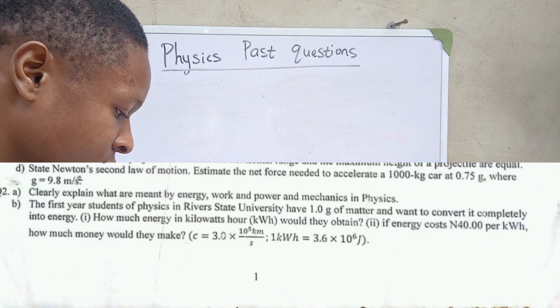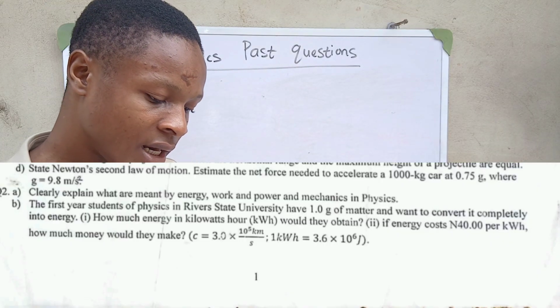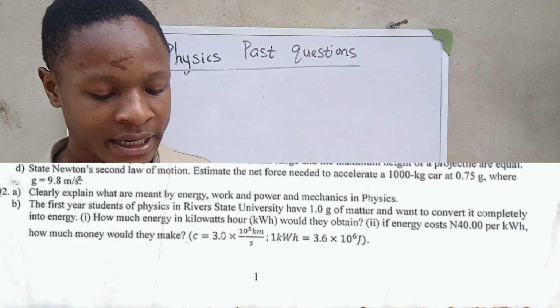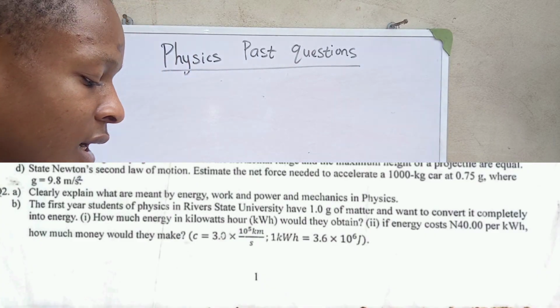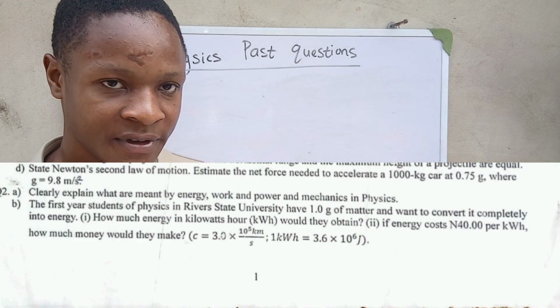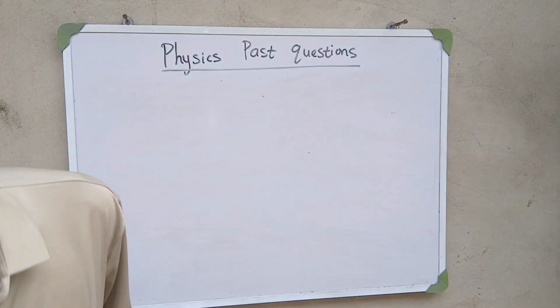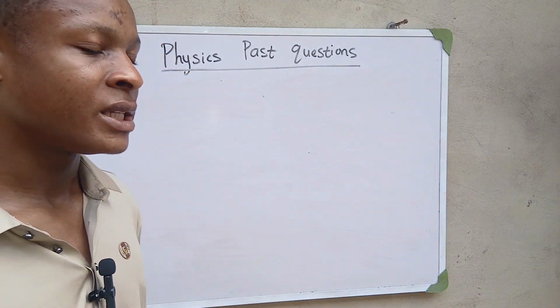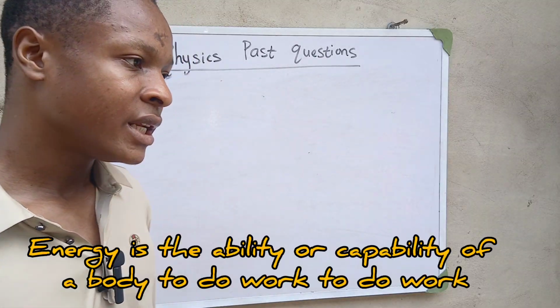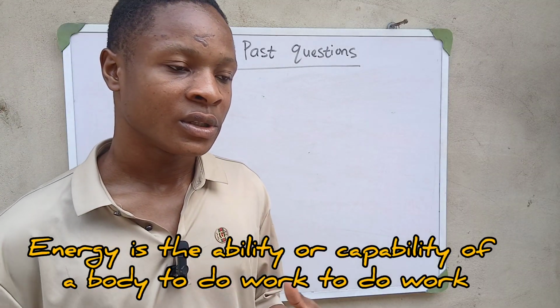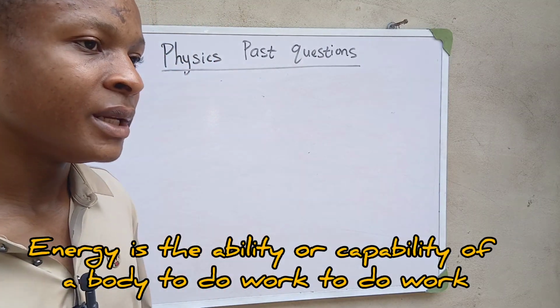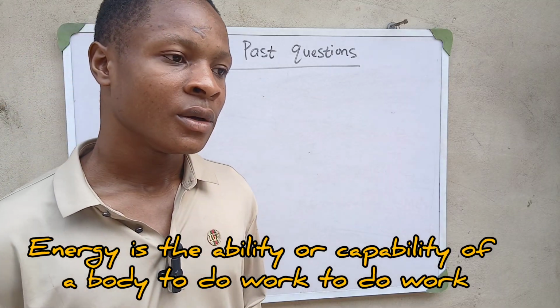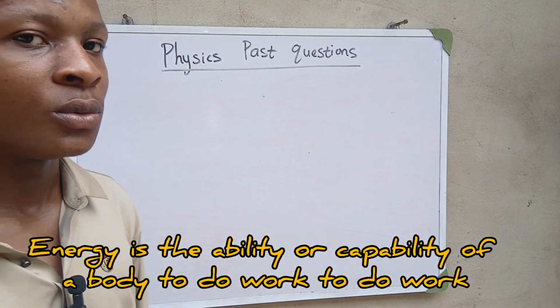Question 2a says, clearly explain what is meant by energy, work, and power in mechanics in physics. So let's explain what energy, work, and power in physics are. Energy is the ability to do work, the capability of a body or an object to do work.